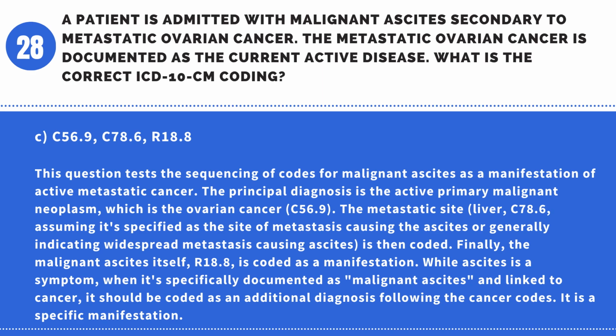Finally, the malignant ascites itself, R18.8, is coded as a manifestation. While ascites is a symptom, when it's specifically documented as malignant ascites and linked to cancer, it should be coded as an additional diagnosis following the cancer codes. It is a specific manifestation.